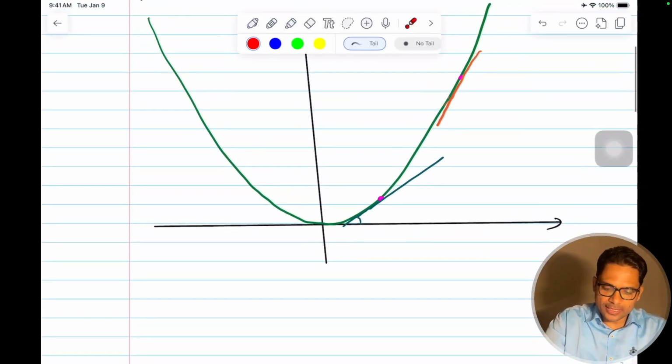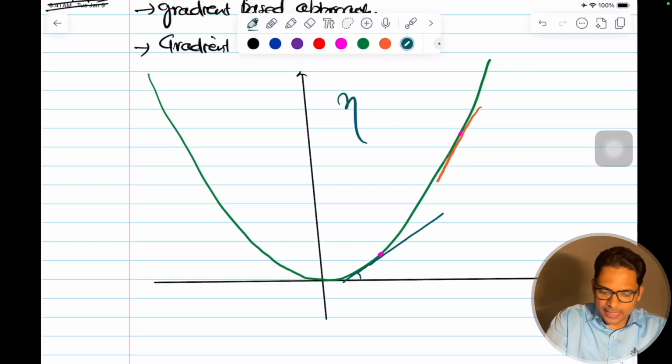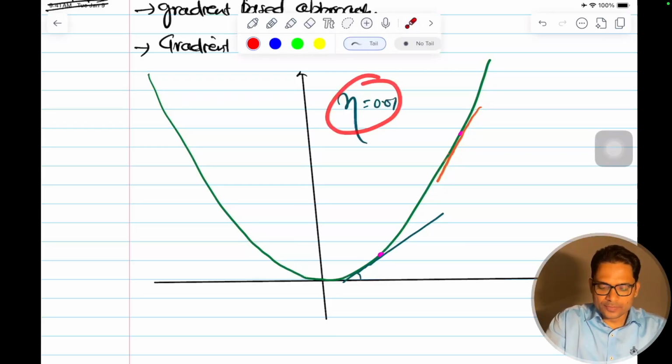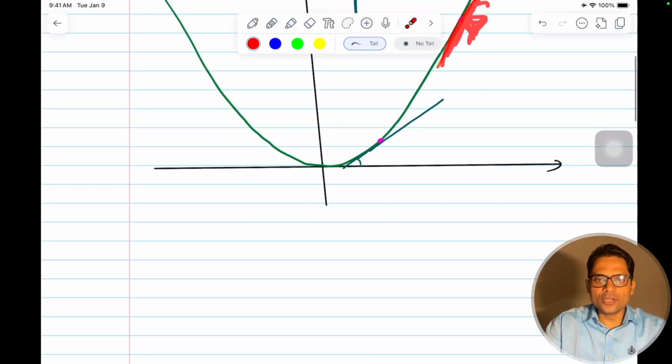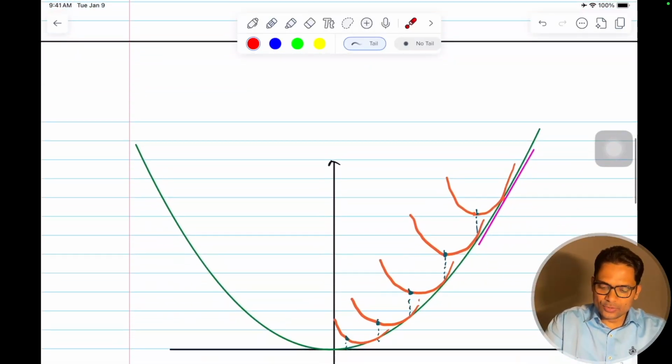Earlier, the learning rate eta was fixed, or we can change it also, but generally considering that it is fixed, it will take those steps and multiply that learning rate into the gradient that it has received. Here in Newton's method, it will use the gradient, and the learning rate is decided by the curvature, the second derivative.